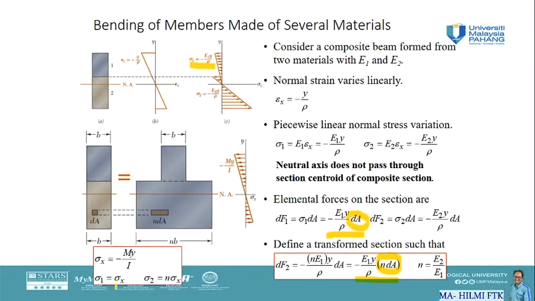Easily, sigma 1 is equal to sigma x. But to obtain the value of sigma 2 of the original member, we must multiply the stress sigma x by the value of n.